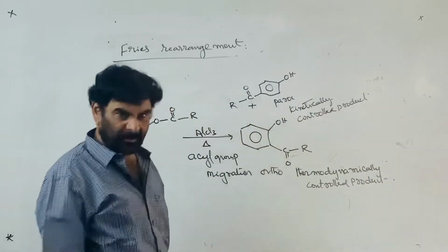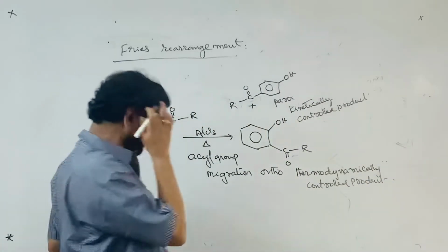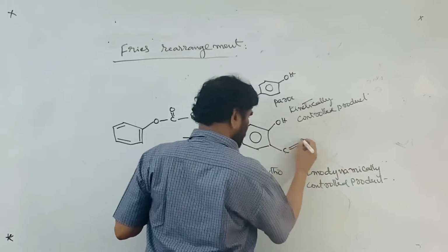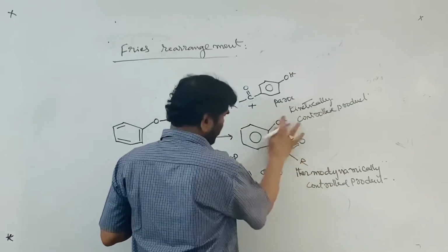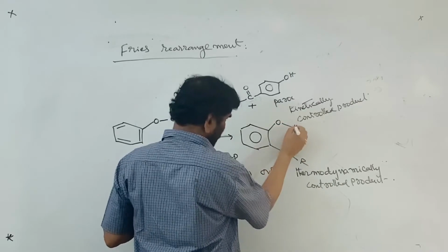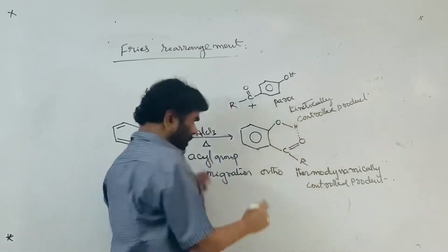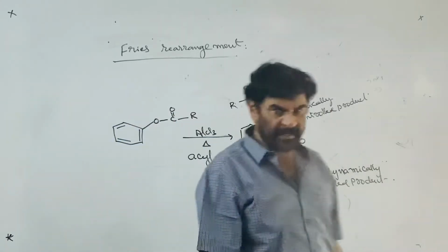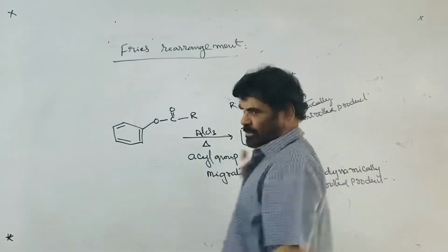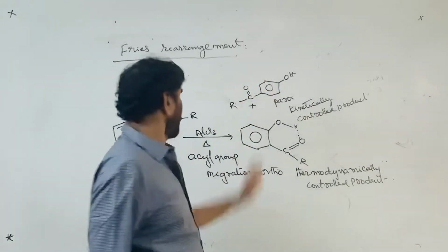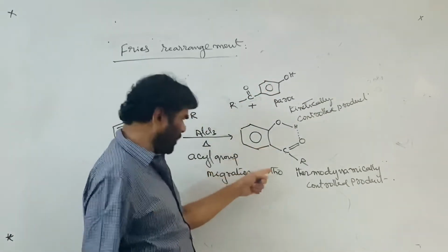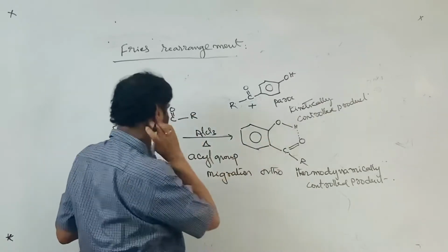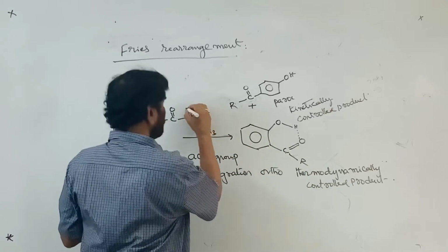Thermodynamically controlled product means its stability is more. Let me write it like this: the C double bond O of the acyl group and the OH at the ortho position can establish hydrogen bonding. Due to this, the potential energy decreases; the energy content of this product is less.